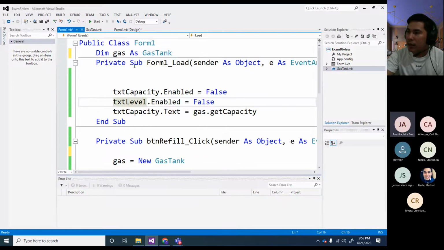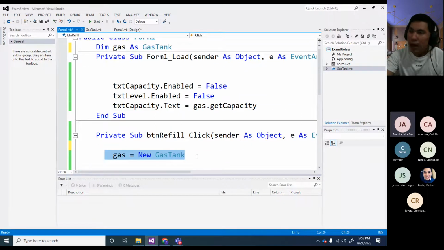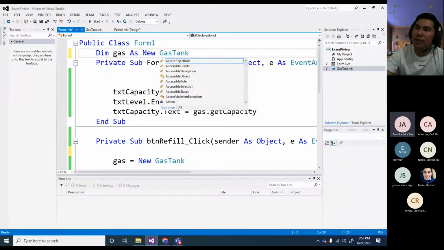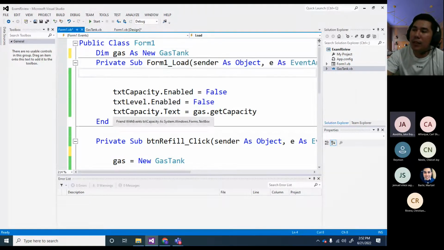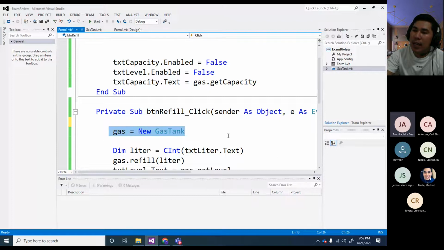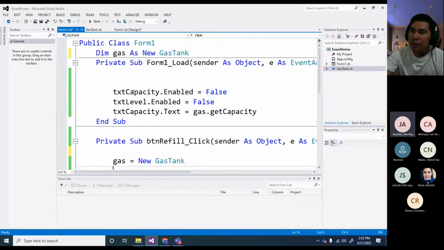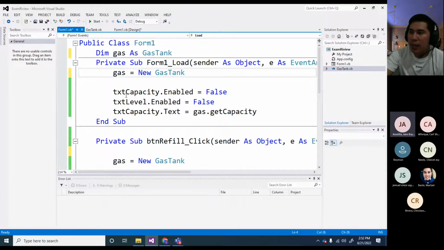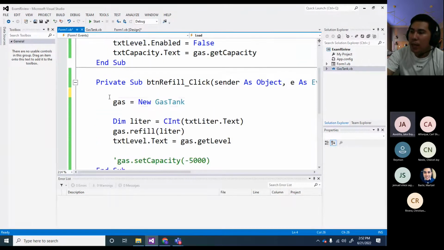Sorry for that. By the way, you can declare Dim gas as New GasTank here, so you don't have to instantiate separately. But it would be better without New here, so you can create an object anytime you want. So I create an object in Form1, and I create an object in Refill1.